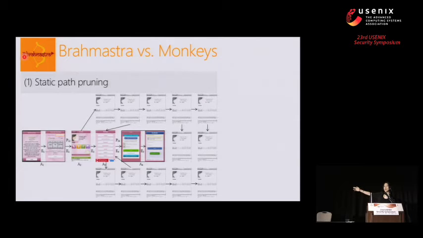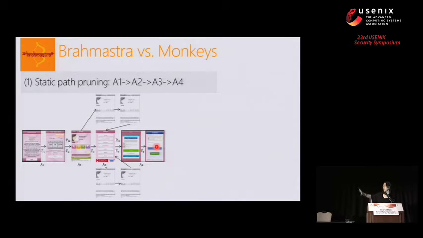Then we statically find out which page invokes that API, and we call that our target page, which is this. And then from the graph, we first prune all the pages that cannot reach that target page, so that will make the search space smaller.